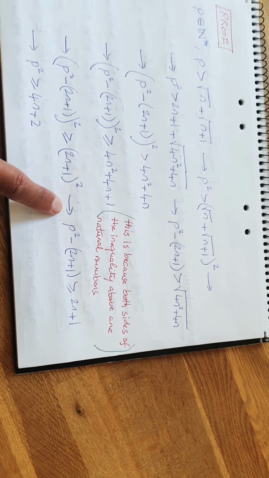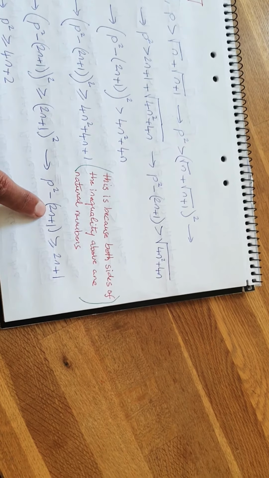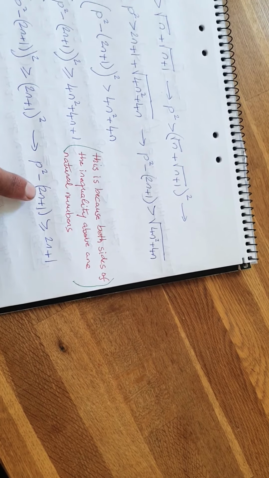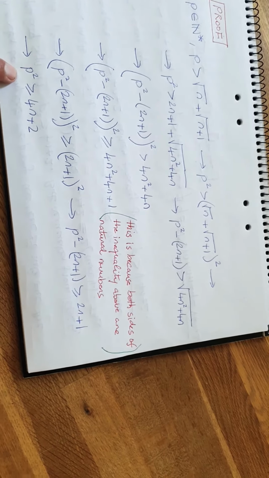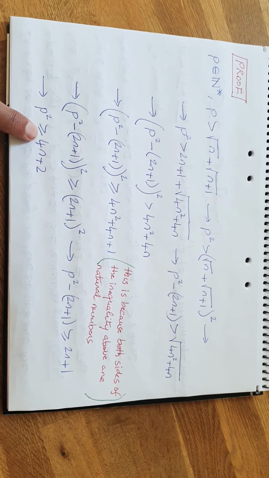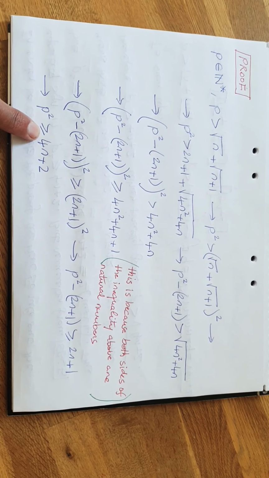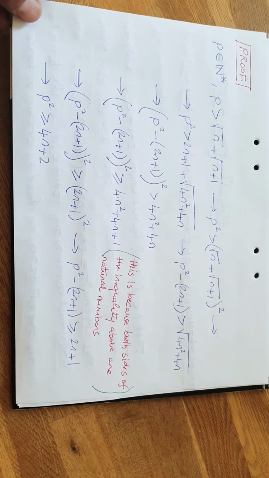And now, by taking the square root of both sides of the inequality, we get this one. And by moving, once again, 2n plus 1 back to the right, we get p squared is greater than or equal to 4n plus 2. Now, to complete the proof, we need to do one last thing.